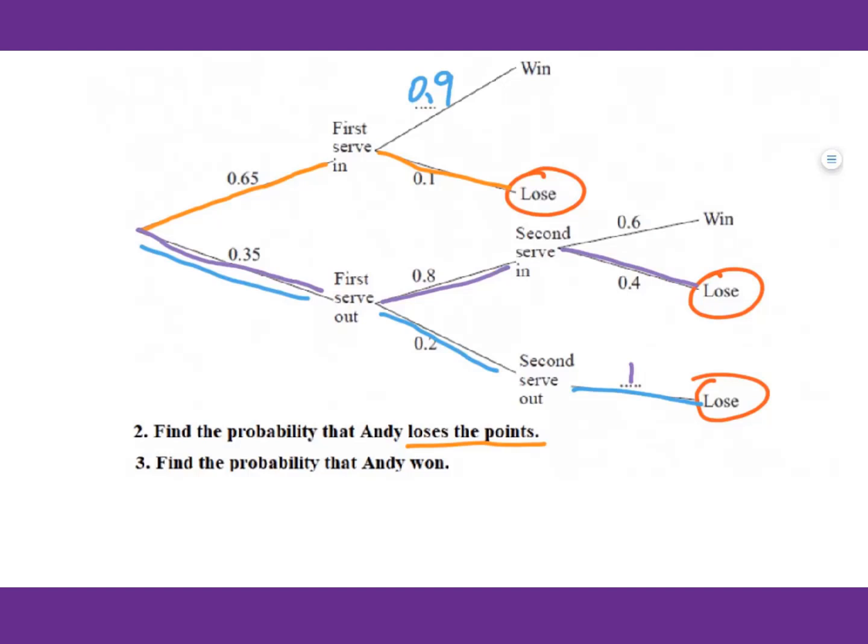Then you add all these 3 lines together to get your answer. For the first line, you have 0.65 times 0.1. For the second line, you have 0.35 times 0.8 times 0.4. For the third line, you have 0.35 times 0.2 times 1. Then you add all these 3 together.